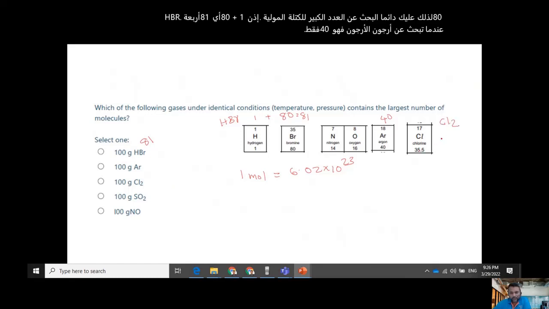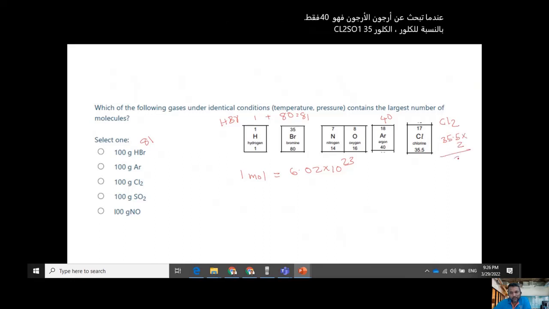So 1 chlorine is 35.5, so 35.5 times 2, that is 71 grams. And for SO2, sulfur is 32, and oxygen is 16, so 16 times 2 is 32, 32 plus 32, 64 total.